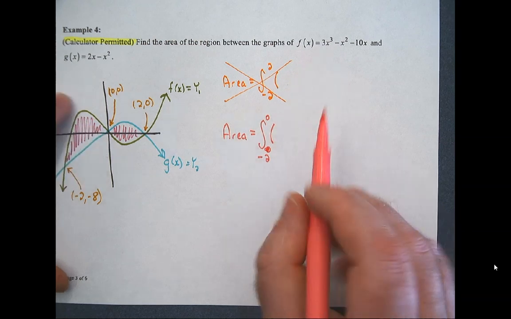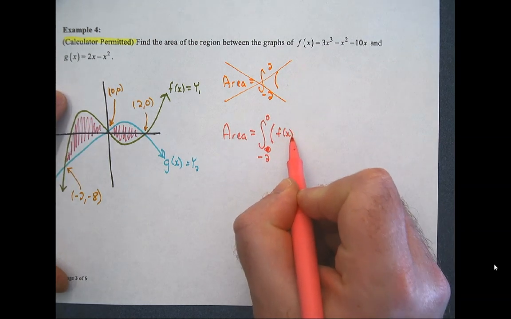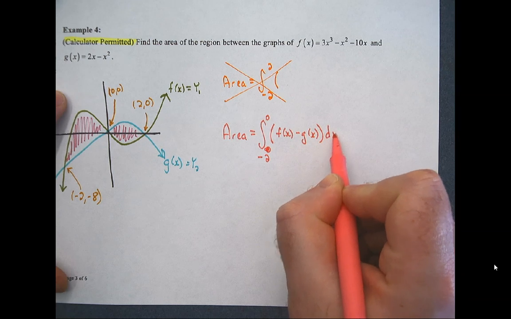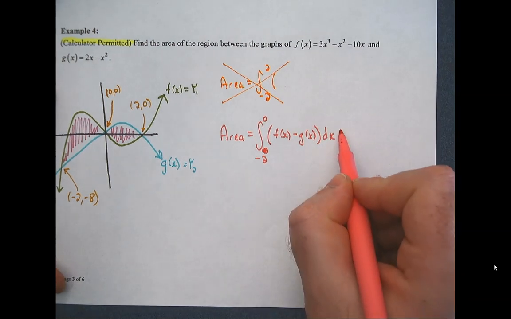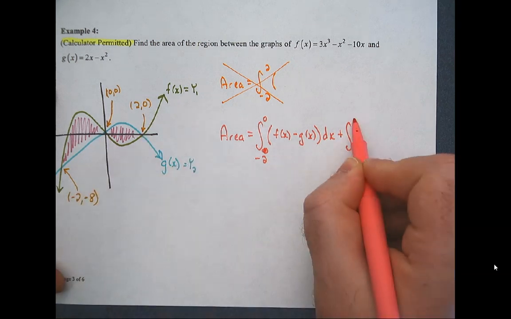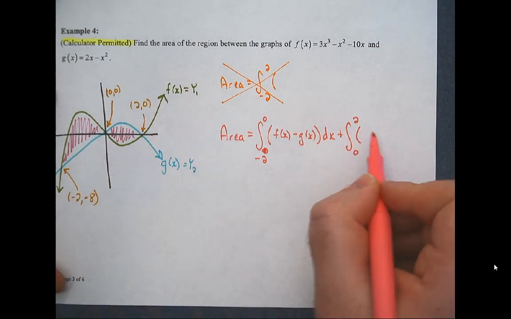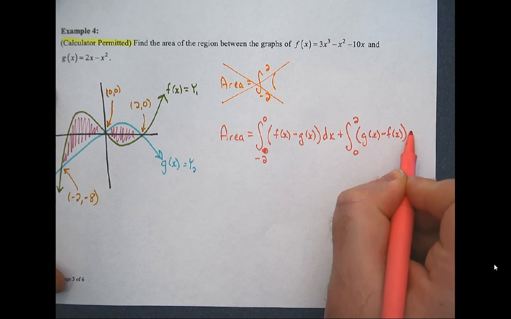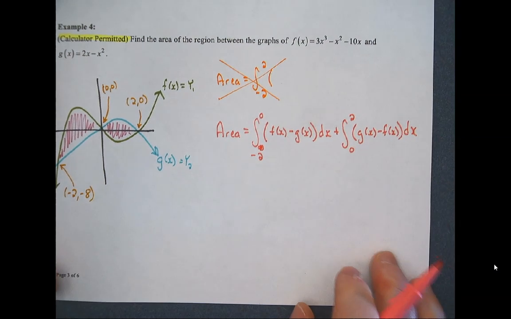So the green one is my upper equation here, so that's f of x minus g of x. And then don't forget your dx. Plus, then my next region starts at 0 and goes until 2, but now the upper function is g of x minus f of x. And don't forget your variable of integration.